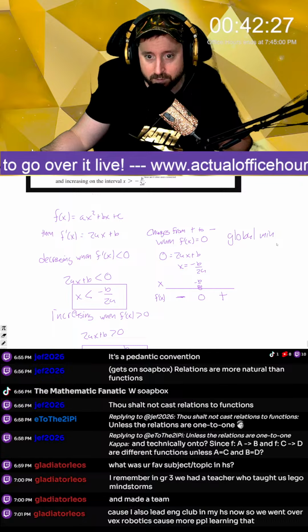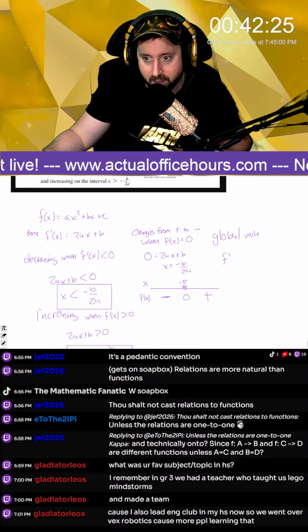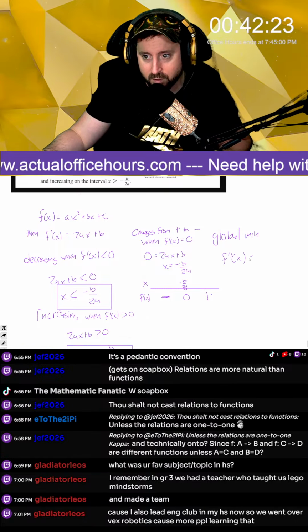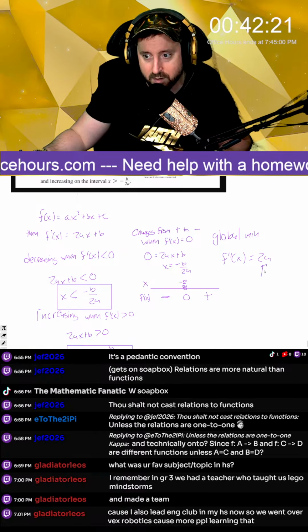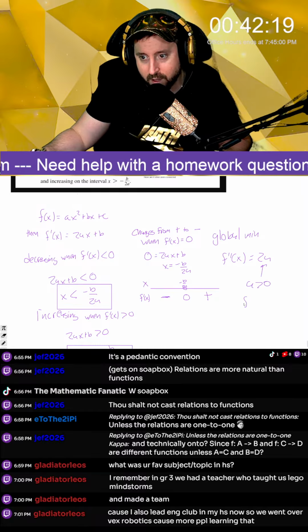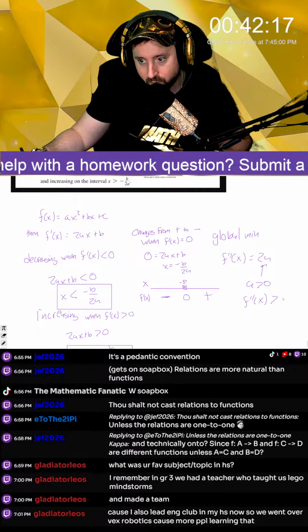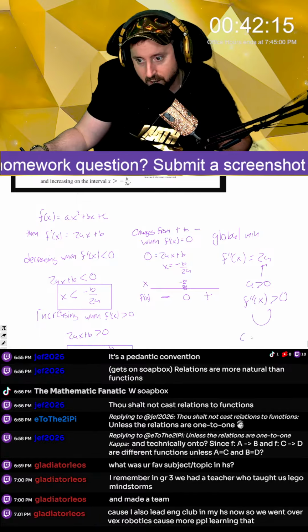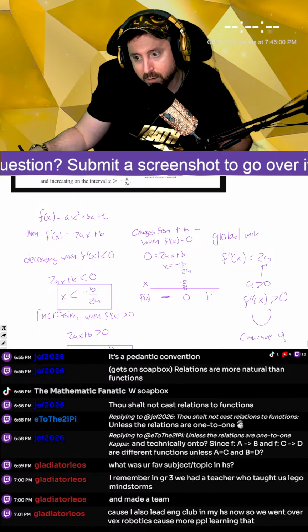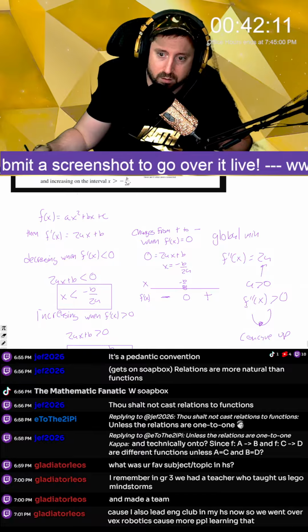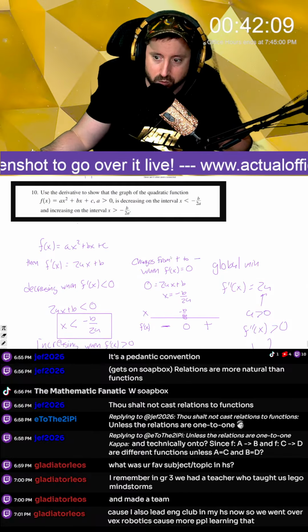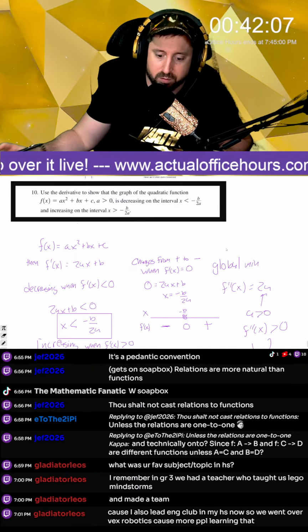You could solve that by looking at f double prime of x, which in this case is equal to 2a. If a is greater than 0, f double prime of x is always positive, which means you're concave up. That tells me this critical point, at x equals minus b over 2a, has to be a global minimum.